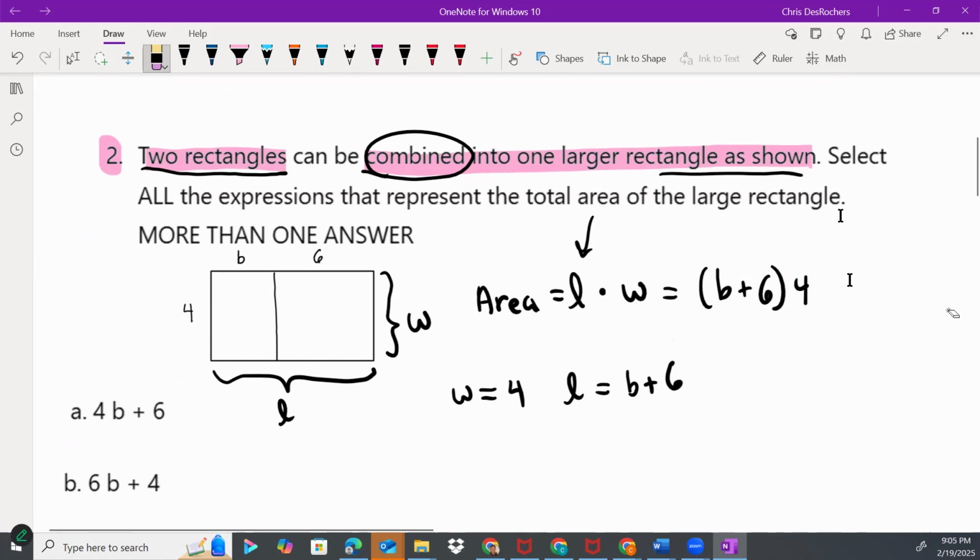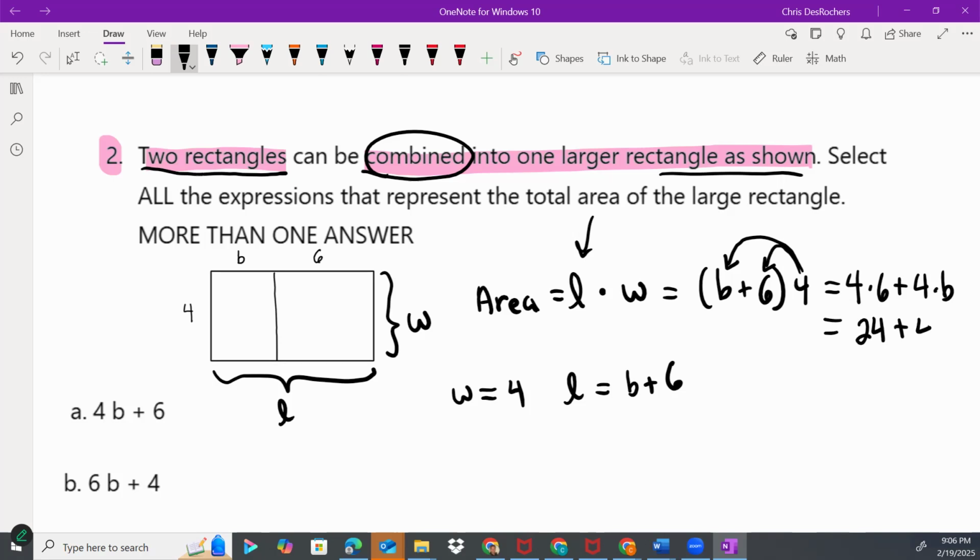So we're going to expand this by multiplying this 4 by 6 and the 4 by b. And so this is going to be equal to 4 times 6 plus 4 times b, which is going to be equal to 24 plus 4b.